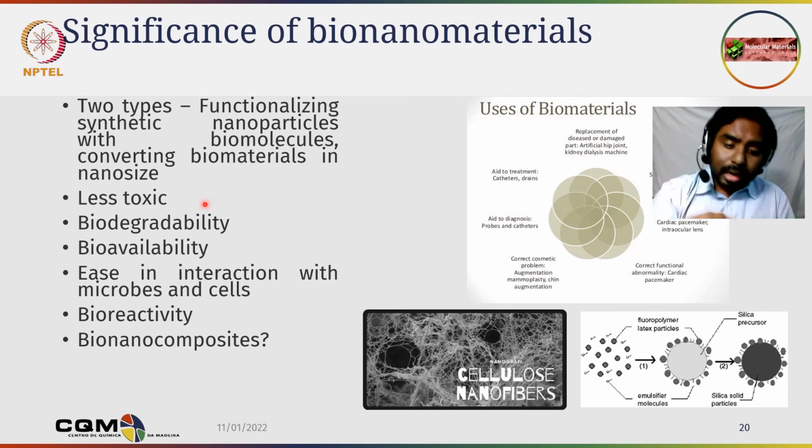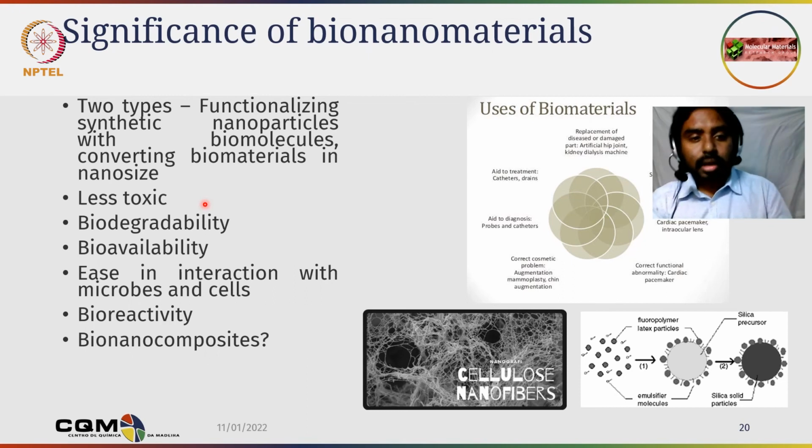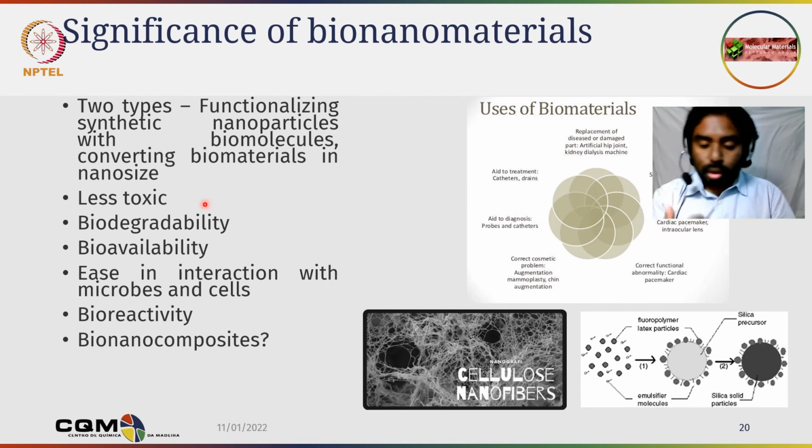Currently there is development in bio nanocomposites. Composites are a blending of two materials. For example, material A has one weakness and material B has another weakness. To reduce their weaknesses and enhance their positive points, you mix them together.